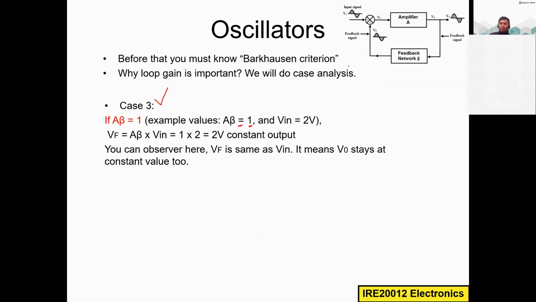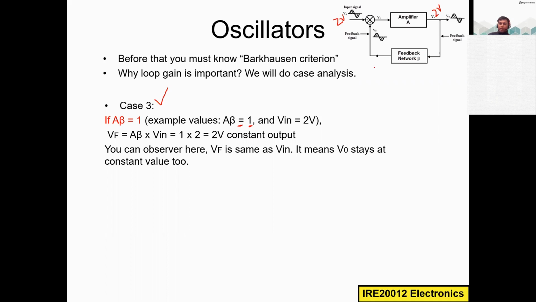If we apply these values in the same equation, we get 2 volt at the output. This is a constant value. The output is not reduced and not increased; it is the same as the input.